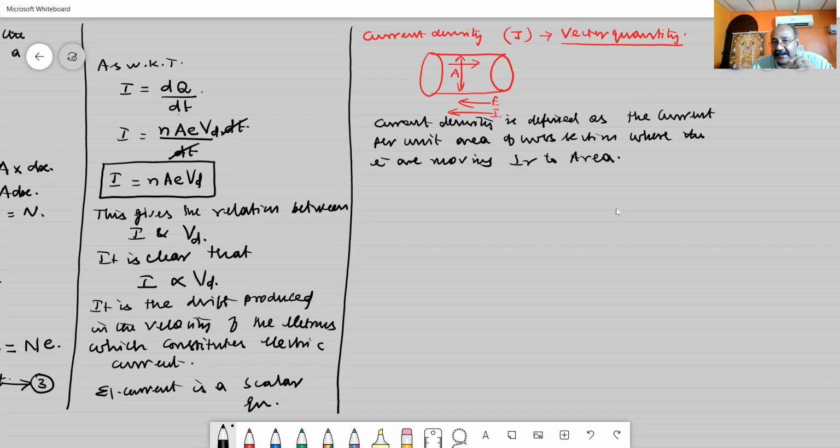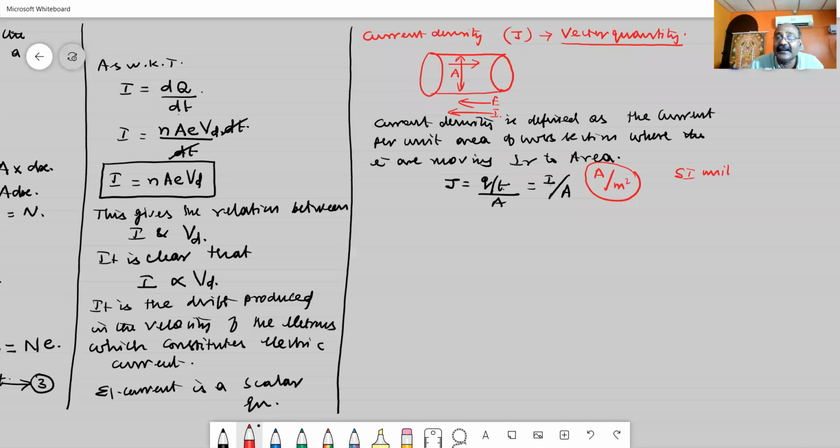Or I can write it like this: current density is charge per unit time per unit area. Charge per unit time is current, so current per unit area is current density. Current is measured in ampere and area in meter square, so the SI unit of current density is ampere per meter square.